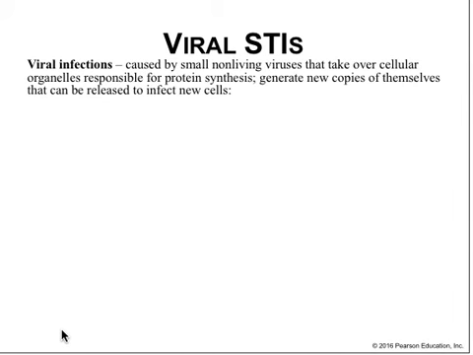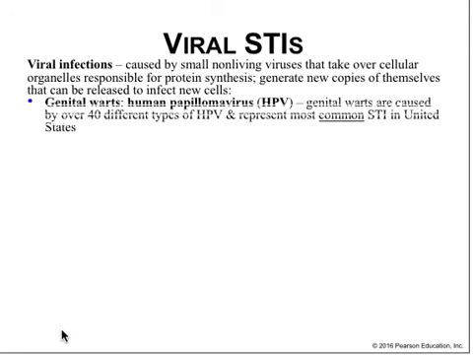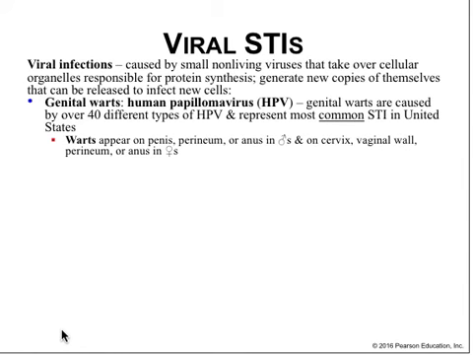Viral infections are caused by small non-living viruses that take over cellular organelles responsible for protein synthesis, generating new copies of themselves that can be released to infect new cells. Genital warts caused by HPV are one of the most common STIs in the U.S. Warts appear on the penis, perineum, or anus in males, and on the cervix, vaginal wall, perineum, or the anus in females.